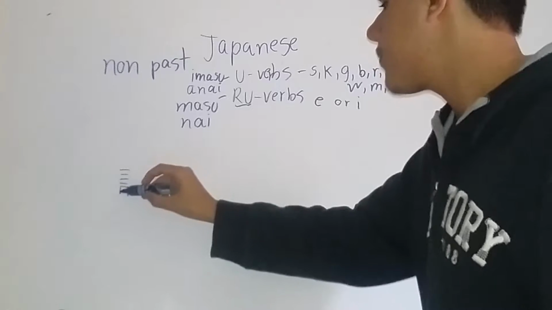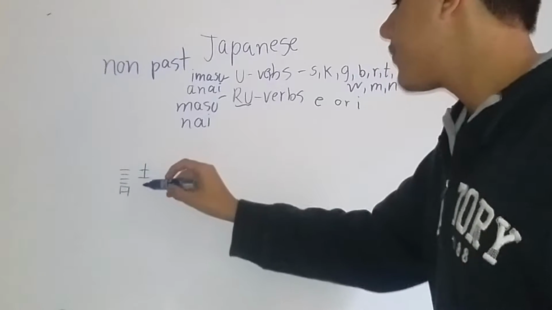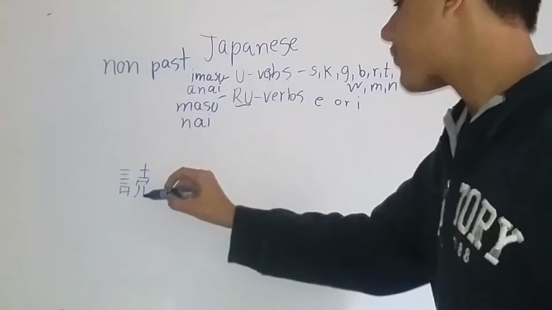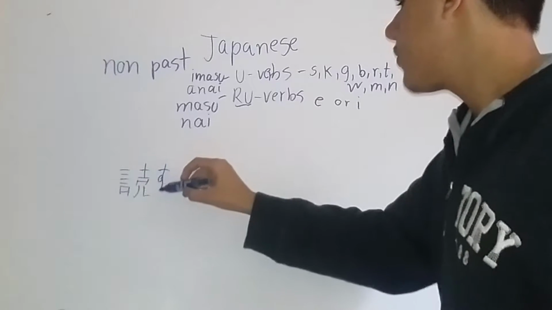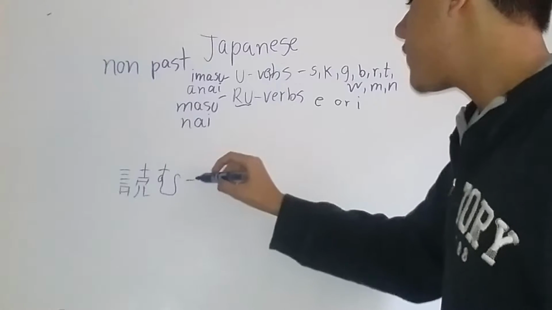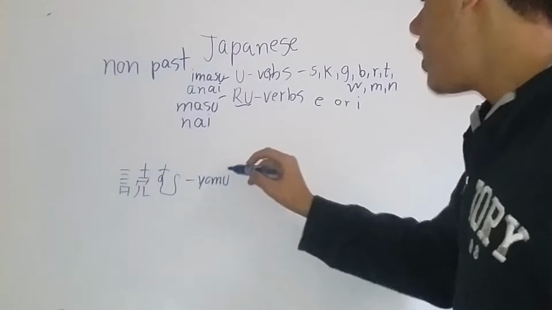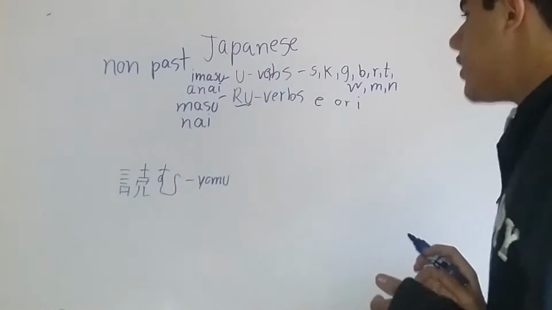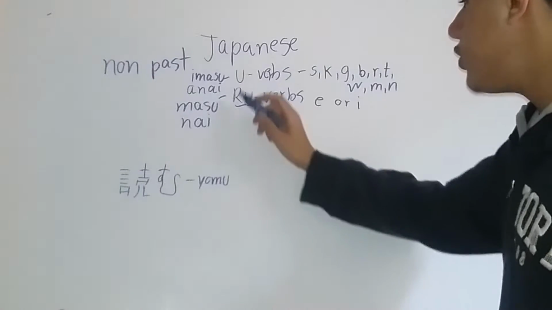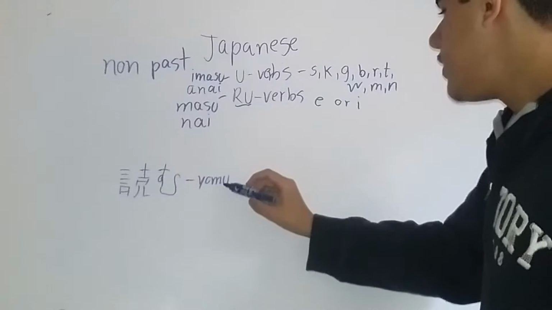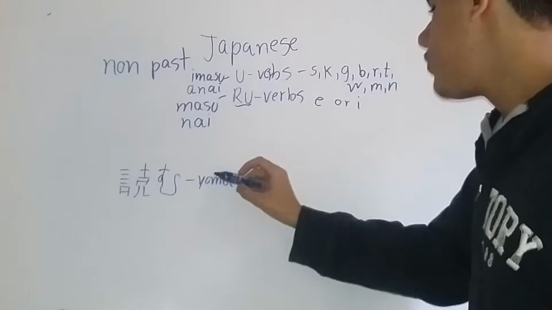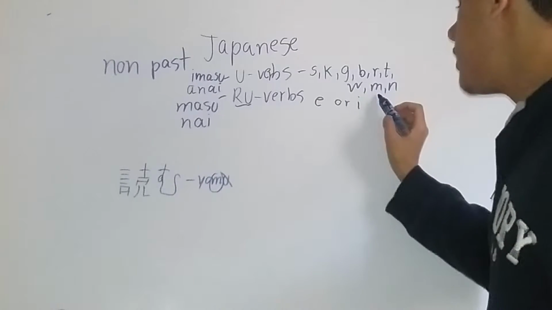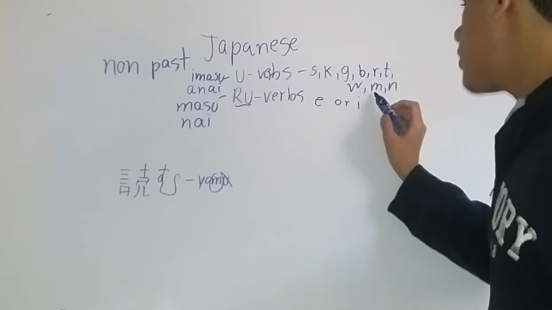For example, if we have this verb, yomu, clearly it's a U verb, because if we take the u, we remain with the letter M. So yomu is a U verb.